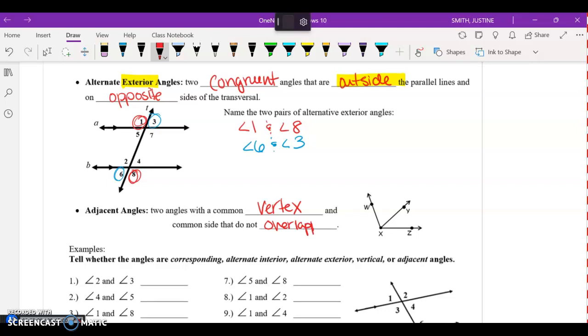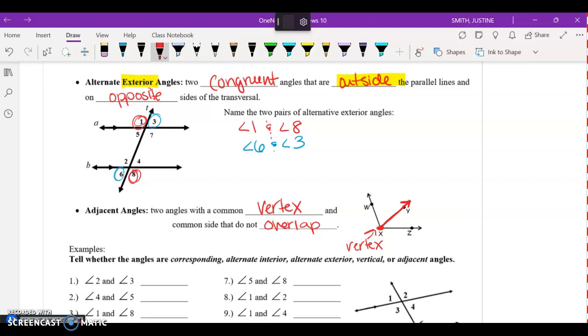Okay, if you're looking at this picture here, the common vertex would be X, right? And they have this common side as well.